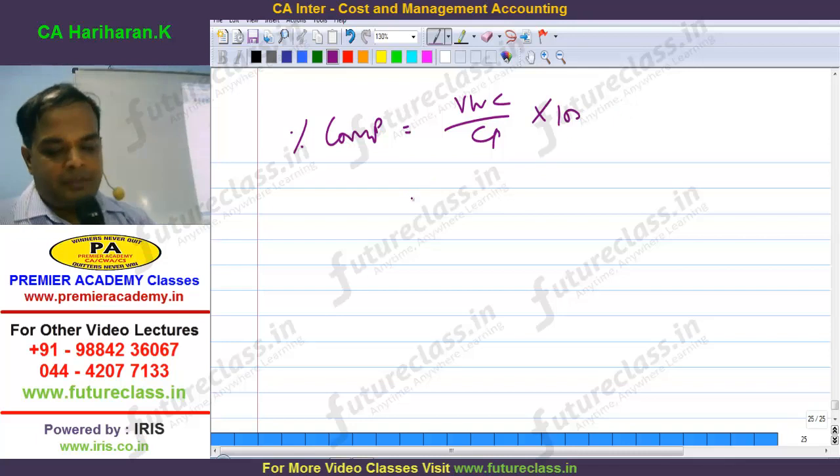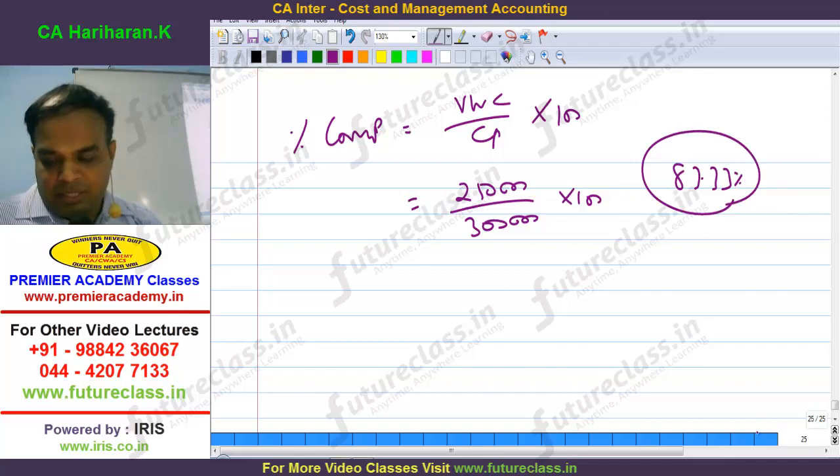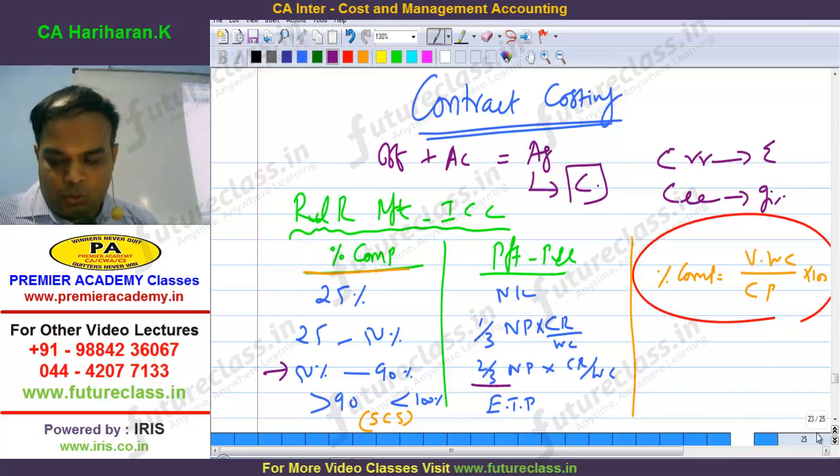How much is the work certified? 2 lakh, whereas contract price is 3 lakh, so 83.33%. In case of 83.33%, how much do I have to recognize? 2/3.